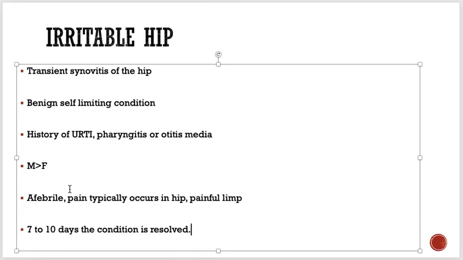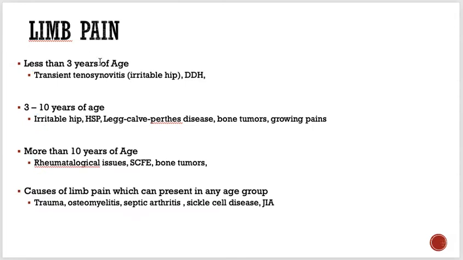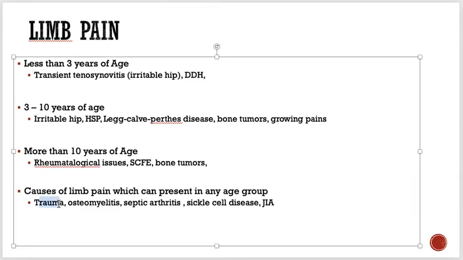Now, if you are understanding this condition carefully, guys, the most interesting thing about this condition is what? See, there could be some causes of hip pain which can be bad for the patient. For example, it could be trauma, it could be osteomyelitis, it could be septic arthritis.